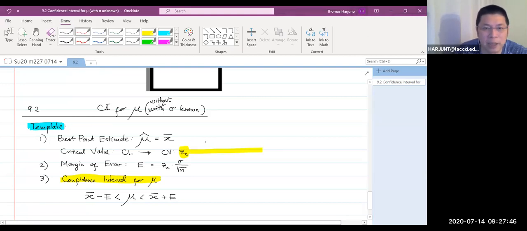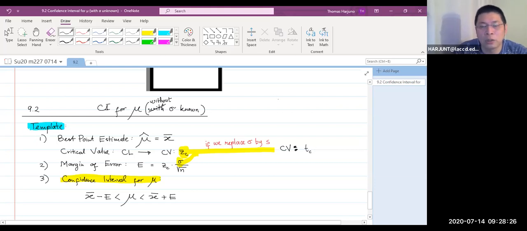And this rule actually applies everywhere. If we replace sigma by the sample standard deviation, so later on this will be S instead, sigma becomes S, then the critical value will be from the T distribution, T critical, not Z anymore.